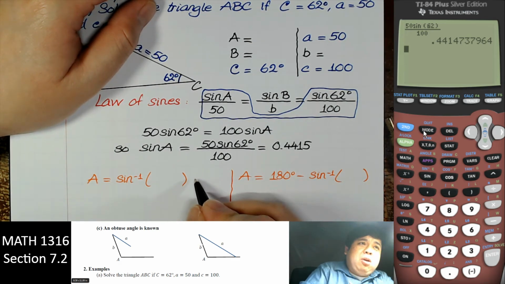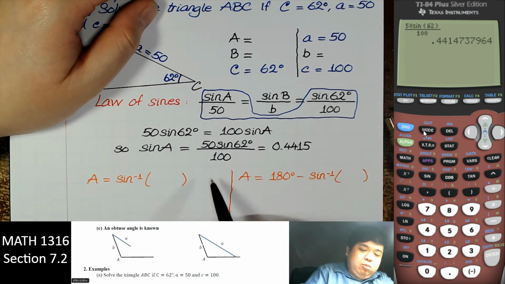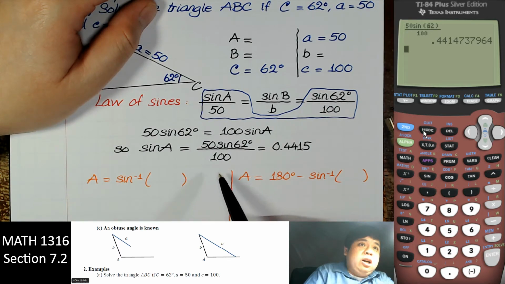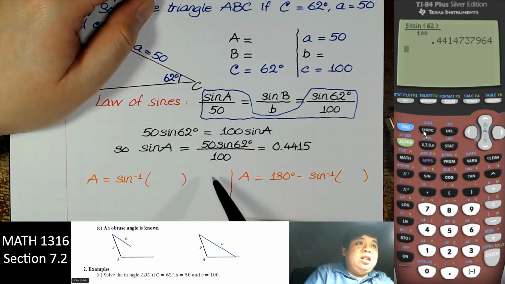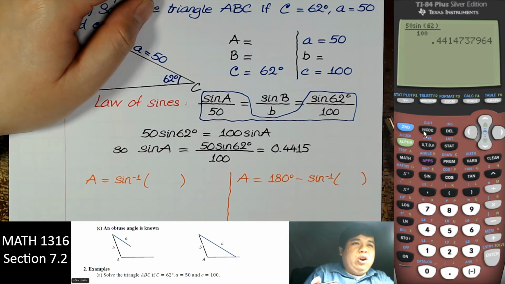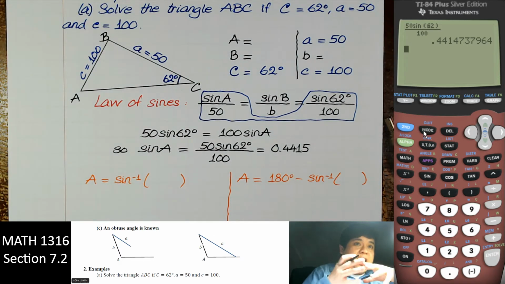Of course, there might be plus 360 degree multiple, 360 degree to have coterminal angles, but we don't need to do that. All the angles here in the triangle have to be less than 180.